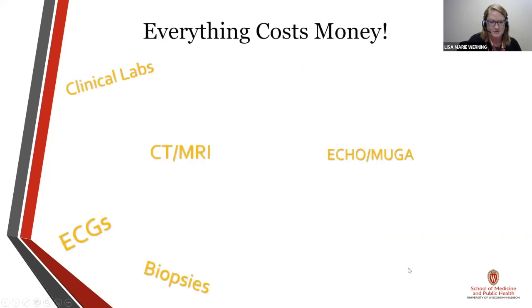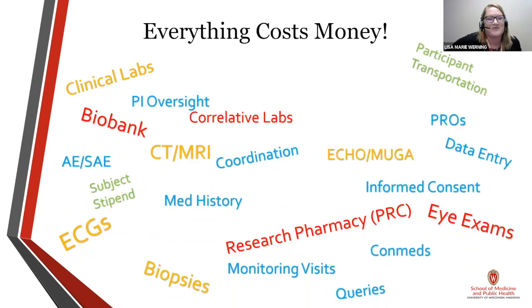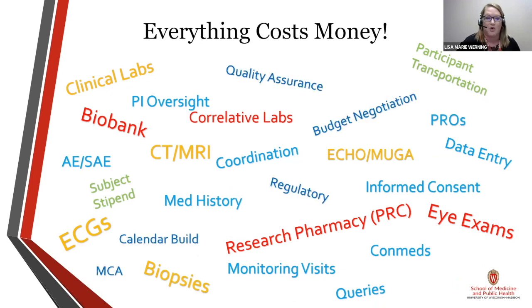Next, everything costs money. This slide was put together actually by Jenny Dawson, and I just loved it, so I kept it in my part. And that is just that you have to think about everything when you're talking about budgeting for a clinical trial. It's not just the support of your coordinators and your regulatory team.